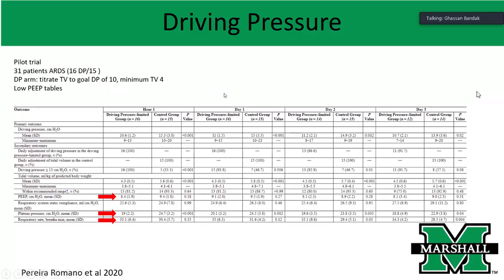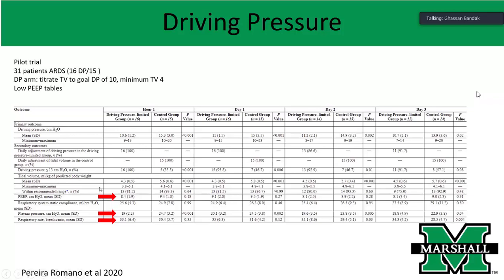To achieve a driving pressure of 10, they kept going down on the tidal volumes until they reached a minimum of 4. And they said, we're not going to go below 4. So if you have a tidal volume of 4, and the driving pressure is above 10, they didn't go below 4. And this was just a pilot trial to see if the protocol is feasible or not.